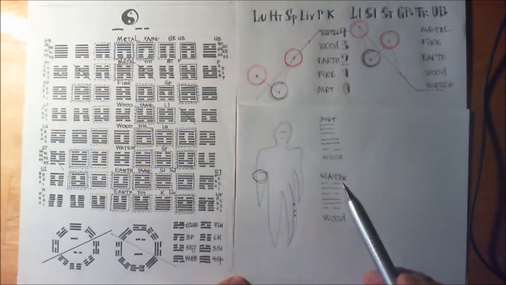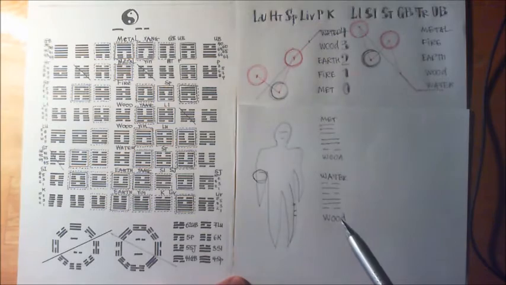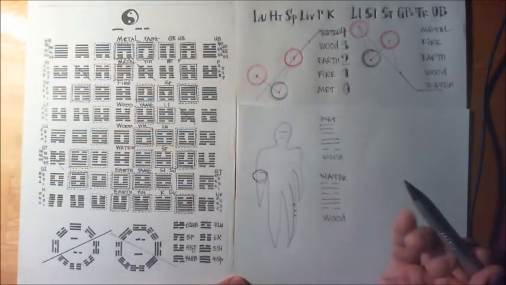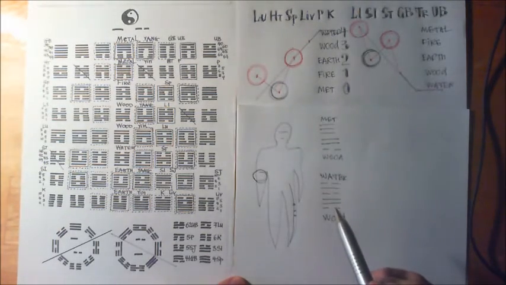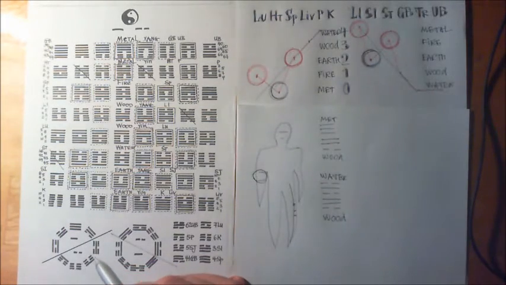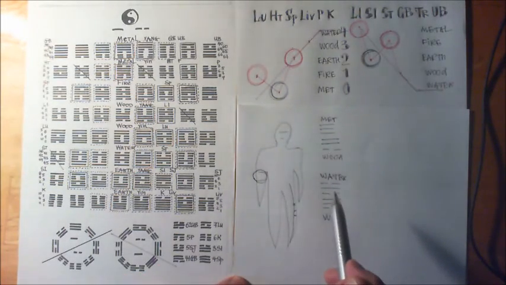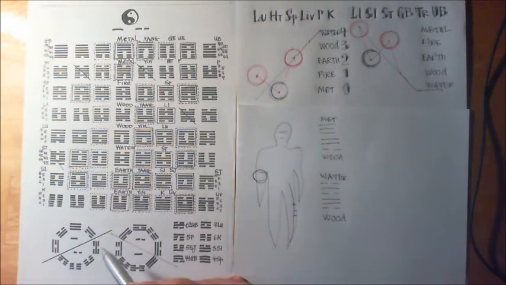So one should preferably be yang, and the other one preferably should be yin, so they will be balanced. So this trigram, the wood trigram, here we see that it is the yang, and this one is the yin.